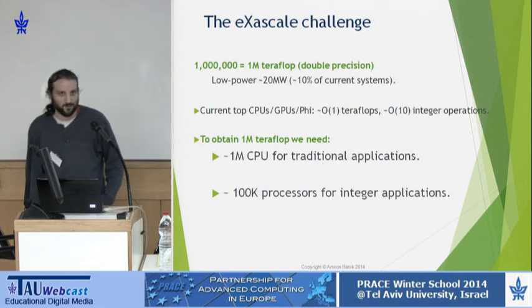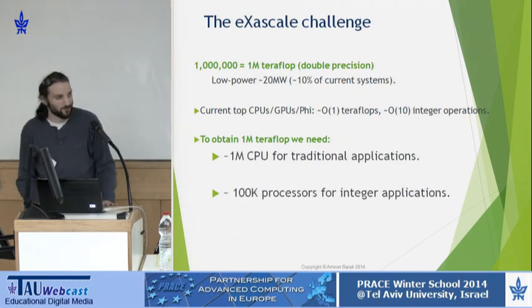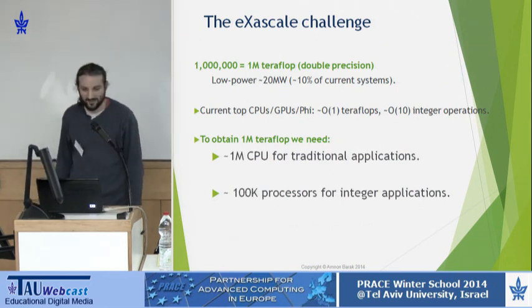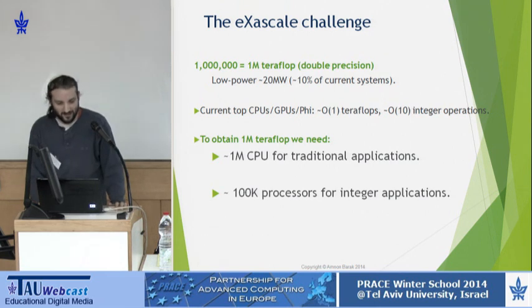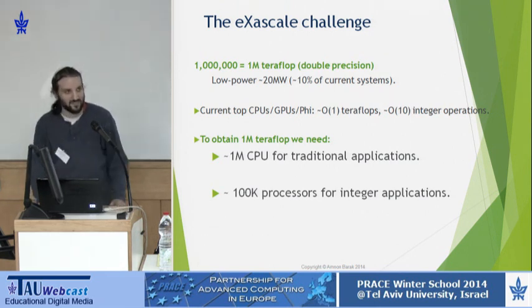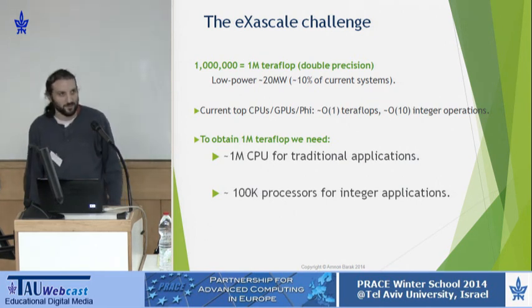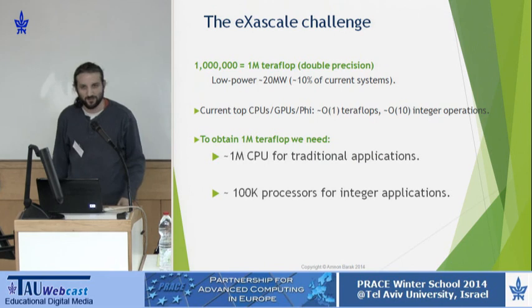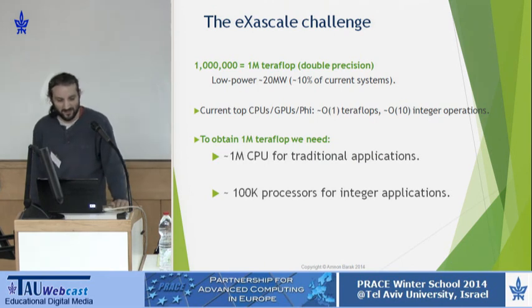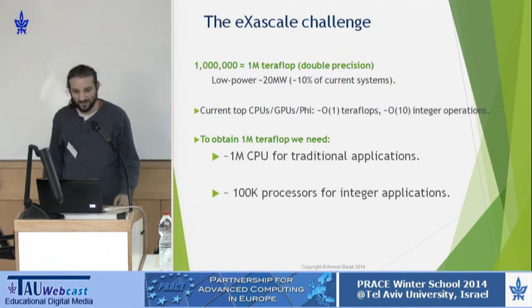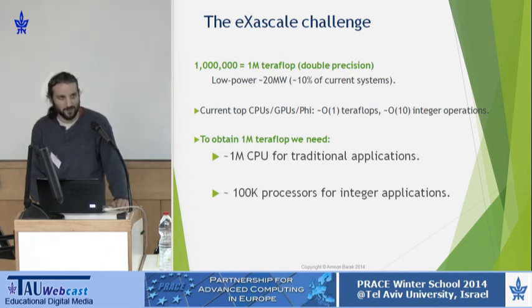So first of all, we saw that everyone is talking about Exascale, but what is Exascale? Like the person from Intel said, Exascale is a large amount of CPUs. A very important part of the challenge of hardware for Exascale is having low power consumption and not going to the exponential power consumption that was so far with current hardware.